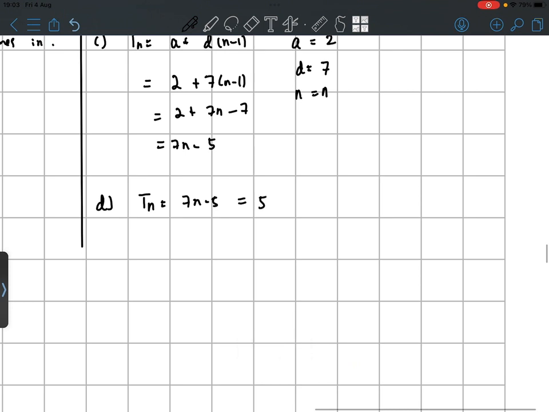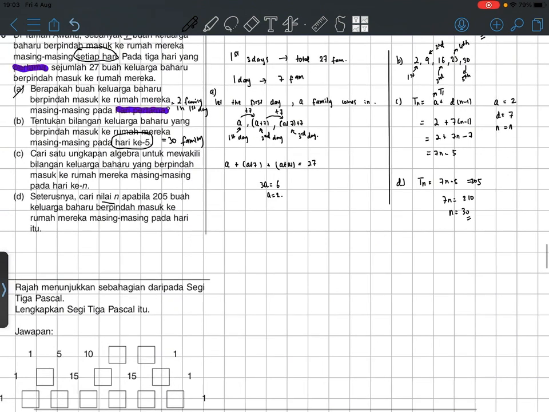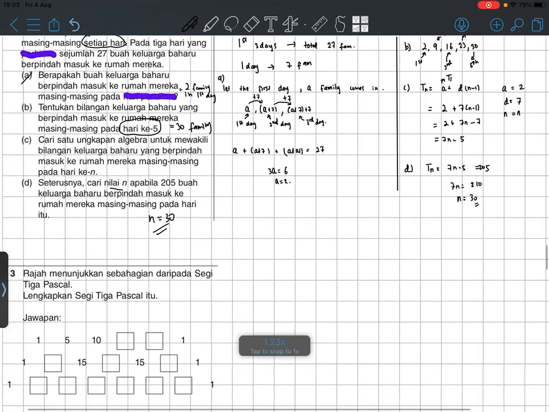So 7n equals 210. Sorry, n is 30. Okay, is it 30? Yes, 30. So this is the 30th day. Okay, so it's very simple.